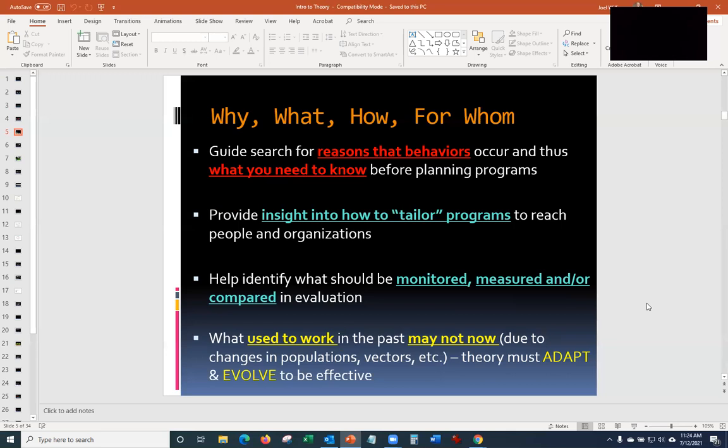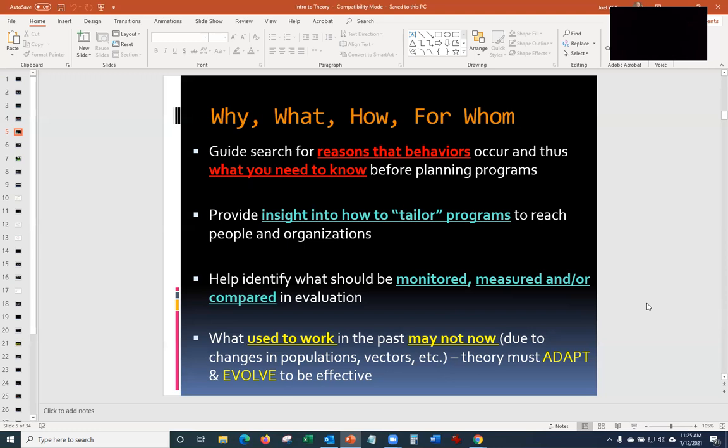It also guides us in determining what we should be monitoring on a consistent basis or an ongoing basis. So once you have an established theory or a model, you know exactly what you need to be measuring and monitoring in terms of surveillance over time. And so, again, theory provides us with a structure.